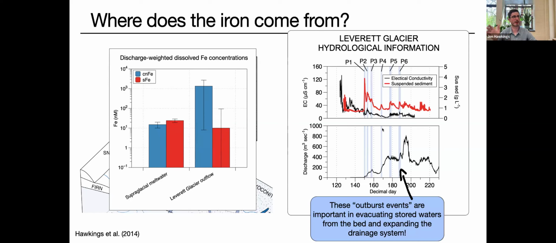But as with all of this, hydrology, which is being driven by the surface melt, is really important for changing where the iron is coming from in the subglacial environment.